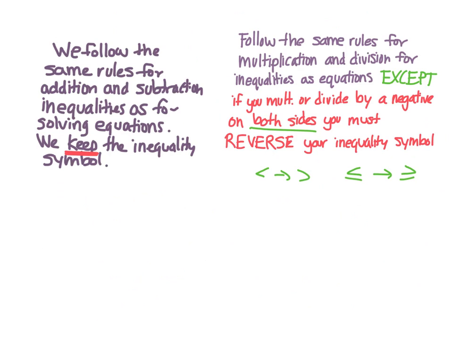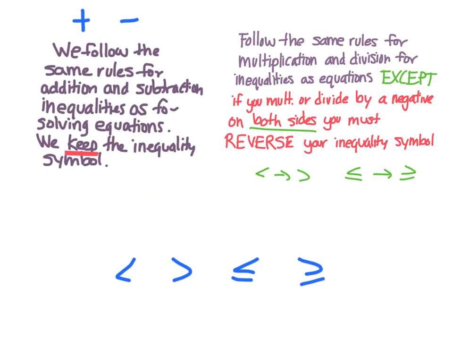The key concepts were, we keep the same symbol, as in less than, greater than, less than or equal to, greater than or equal to, when we're doing addition or subtraction, and we follow the same rules that we followed for solving equations. However, when we multiply or divide, we follow the same rules again, except that when we multiply or divide by a negative number on both sides as part of our inverse operation, we reverse the inequality.